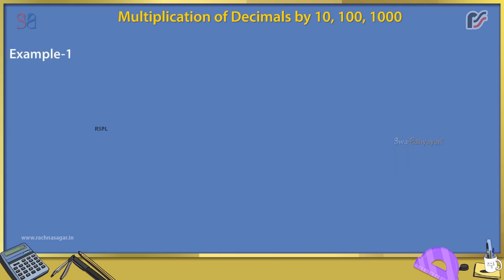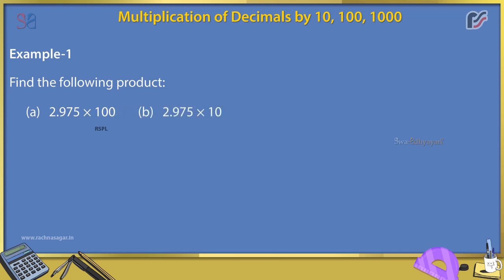Example 1. Find the following product. A. 2.975 into 100. B. 2.975 into 10. C. 2.975 into 1000. Solution. A. 2.975 into 100 is equal to 297.5.